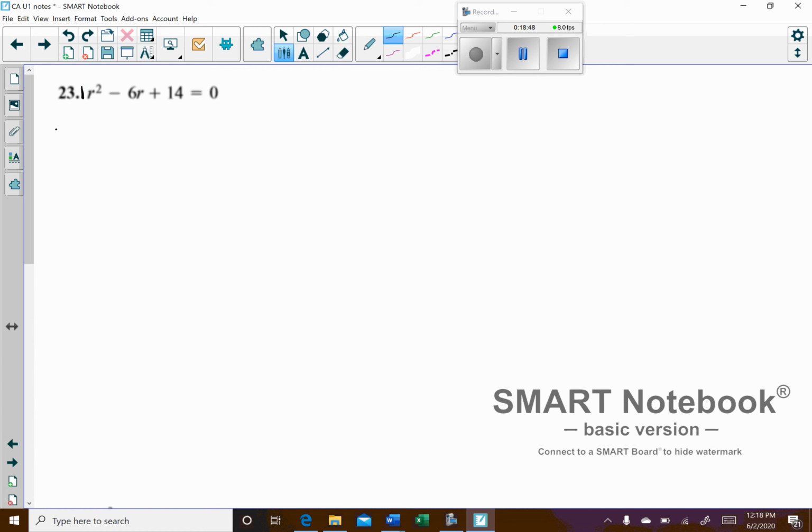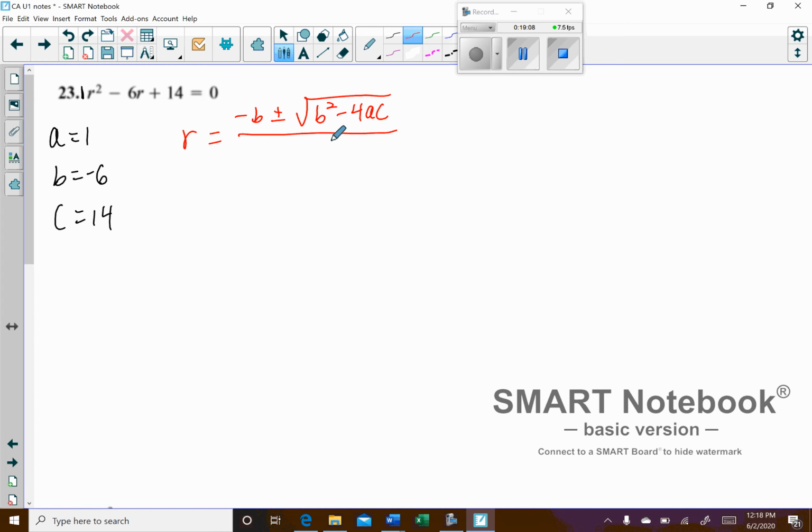Okay, so let's see. My A value is 1, my B value is -6, and my C value is 14. So we'll write down our formula. Like I said, they're doing r. Okay, so r equals, let's see, -B plus or minus the square root of B squared minus 4AC, all divided by 2A.